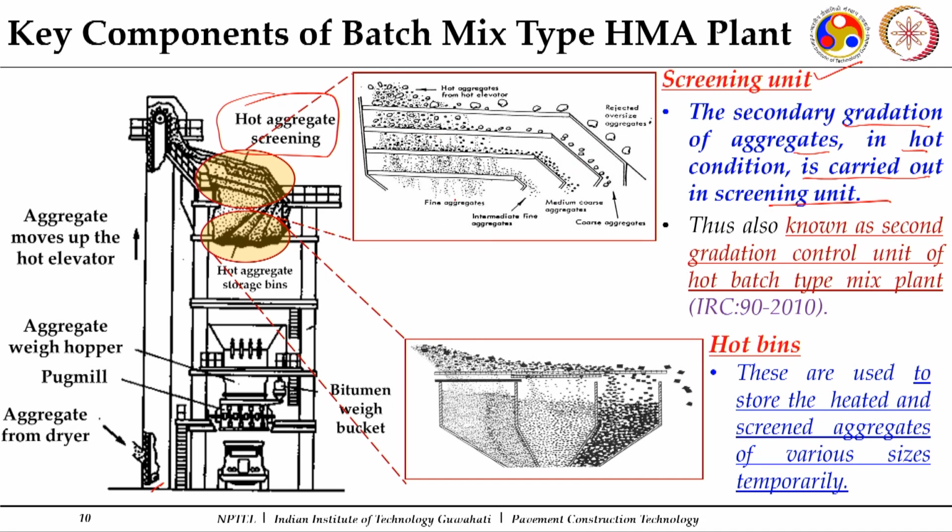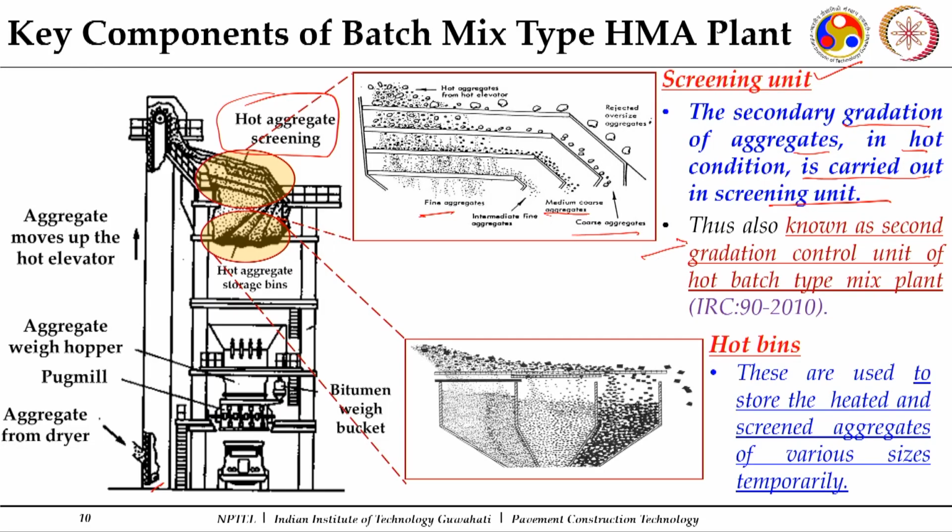Depending on the sieves, fine aggregate is separated out, medium, coarse aggregate separated out. This is a specific feature of the batch mix type hot mix plant, also known as the second gradation control unit of the hot batch type mix plant.